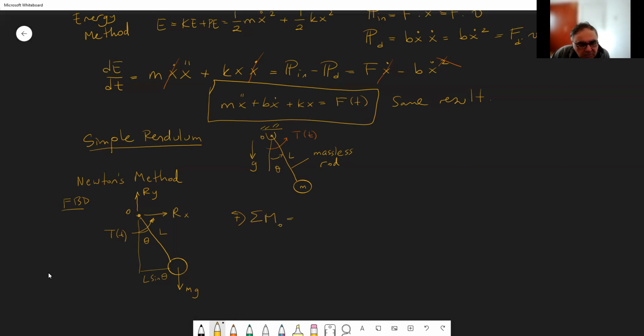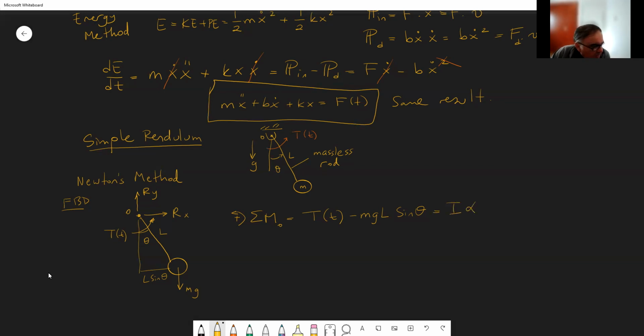And when you take moments, the T of t is there, it's counterclockwise. And then you have the mg term trying to create a moment about point O, which is minus, it is clockwise, so it is mgL sine theta. mgL sine theta is the moment. This is the total forces. This should be equal to I times alpha.